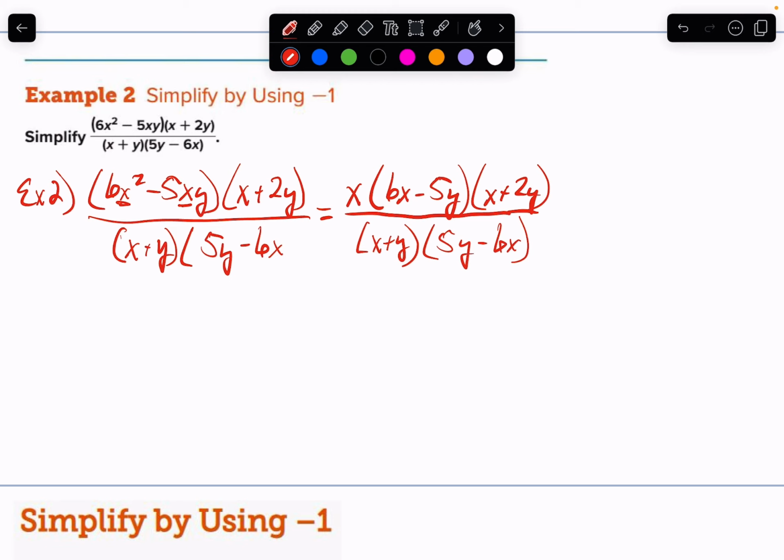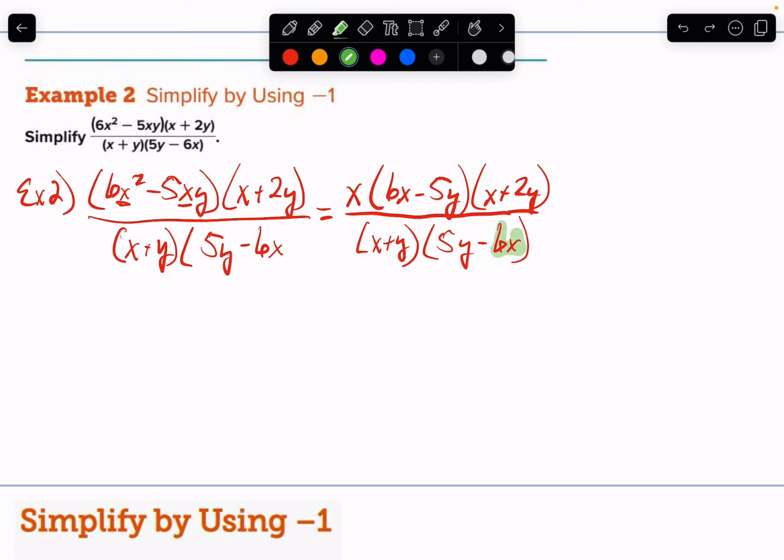Now we need to look at it and see if we have any matching pieces. Well, I'll go with a highlighter to show you. Okay, so we got an x and we got an x. We got a plus, we got a plus. We got a y, but then we got a 2y. So that's not a match, okay? They look close, but they're not exactly the same.